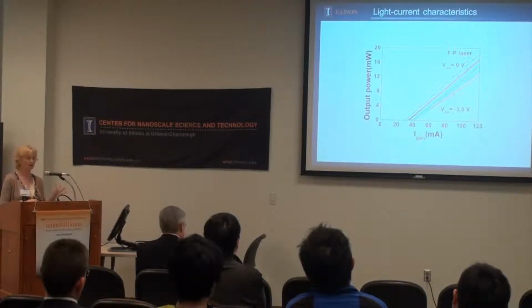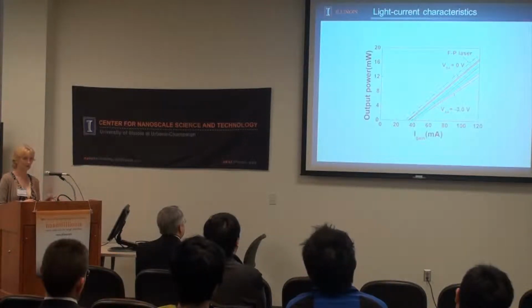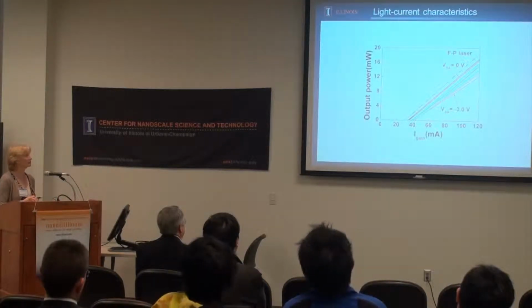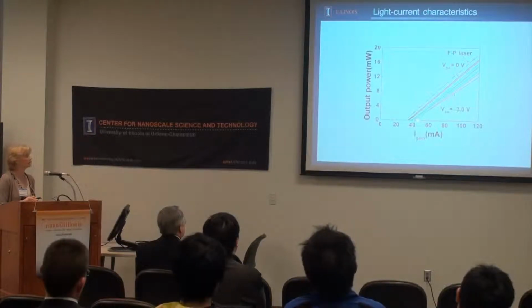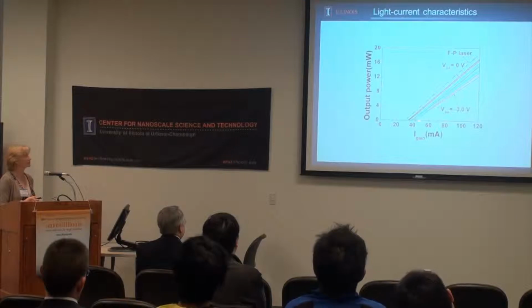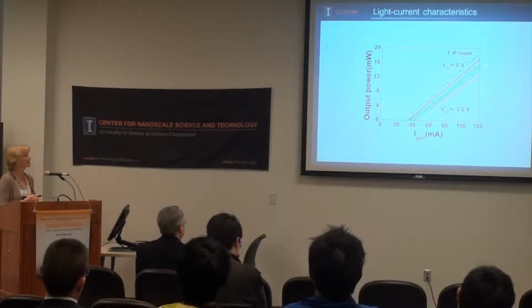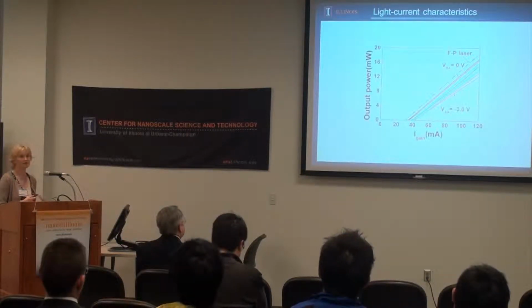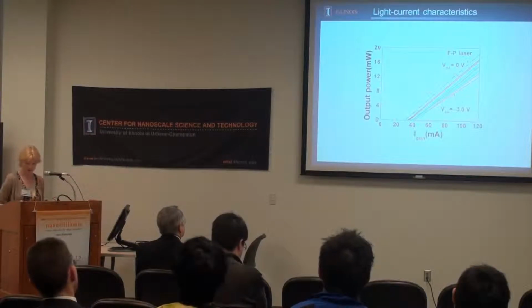They will mode lock with 0 volts, but to sweep the carriers out faster and improve the recovery time of the saturable absorber, you apply a voltage. And as you can see, as you increase the voltage, the threshold current increases slightly because you're increasing the losses. It absorbs more light before it saturates, and also the slope efficiency decreases again because of the higher losses.